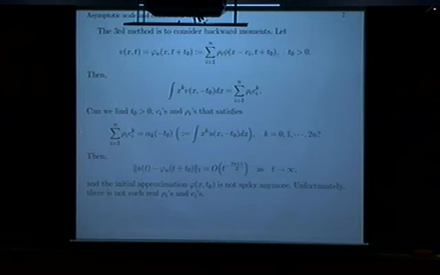Then to set the moment, now a backward moment appears, and we try to solve this equation. Now, even if the initial value u0 is positive, this is not exactly a moment of a positive value. So we are not even sure if we can solve this kind of equation.